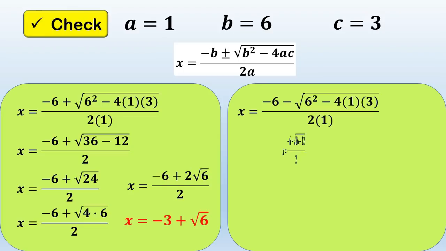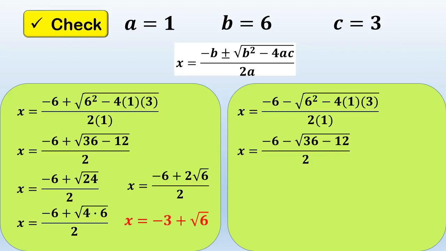Now, let's copy negative 6 minus square root of 6 squared is equal to 36, minus 4 times 1 times 3 is equal to 12, over 2 times 1 is equal to 2. Now, we have here negative 6 minus square root of 36 minus 12 over 2.